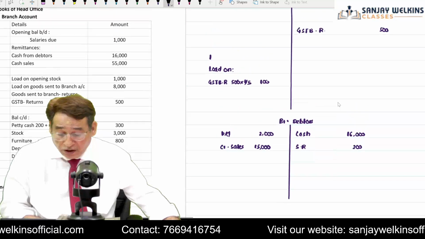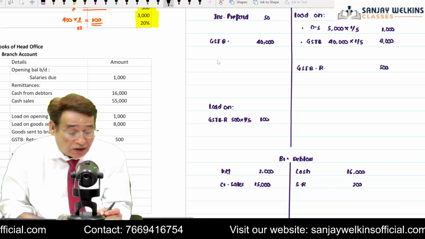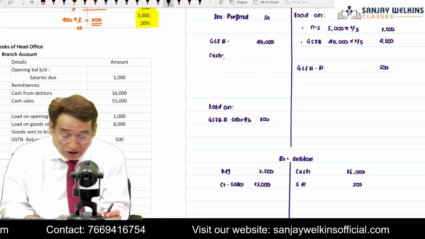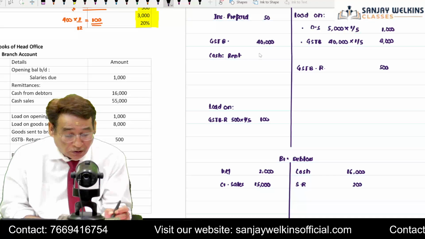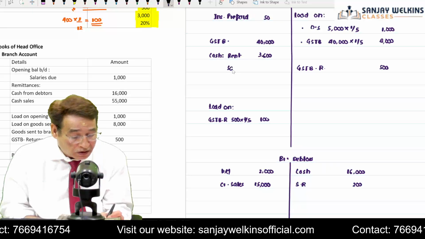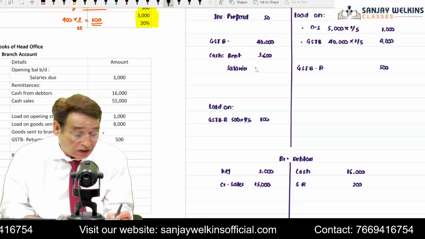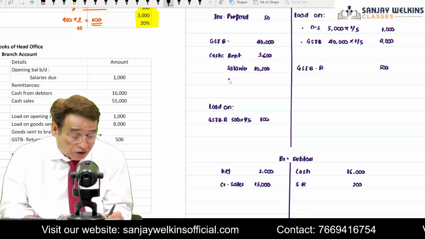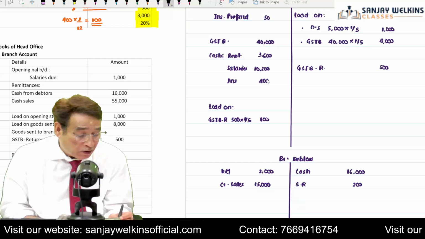Then we are being given cash sent for branch expenses. So we will be writing here to cash, and cash has been sent to meet expenses related to rent, that is equal to 3,600, and then to meet salaries, amount of salaries is 10,200, and then for insurance also 400 rupees are being sent by head office.